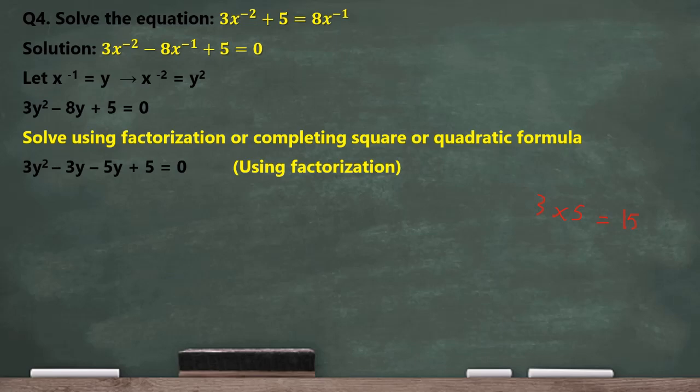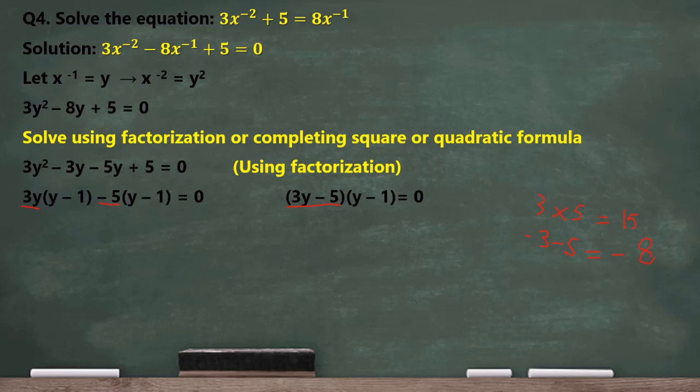So if we add minus 3 with minus 5, that is minus 8. So take 3y common from 3y square minus 3y, and take minus 5 common from minus 5y plus 5. So we get two possible factors, 3y minus 5 and y minus 1 equal to 0.